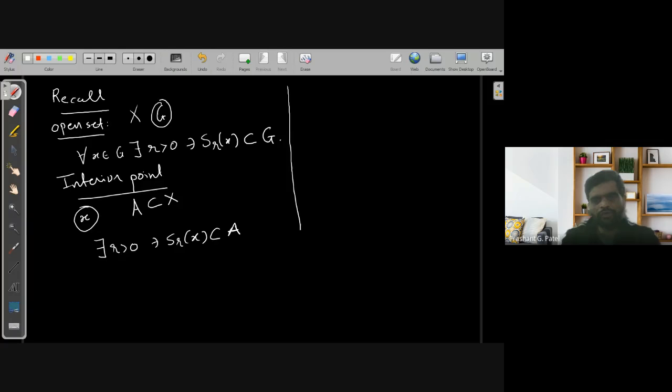Then we have defined the interior of A. The interior of a set is denoted by interior of A, this is the notation.